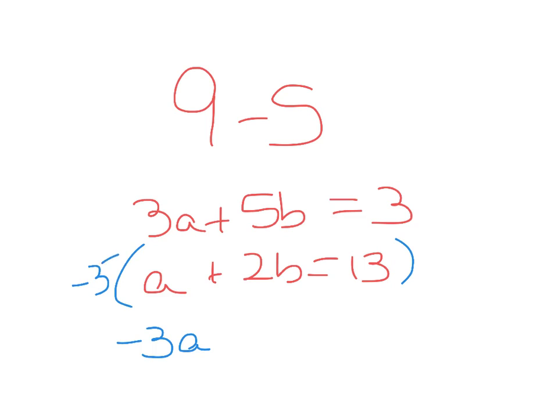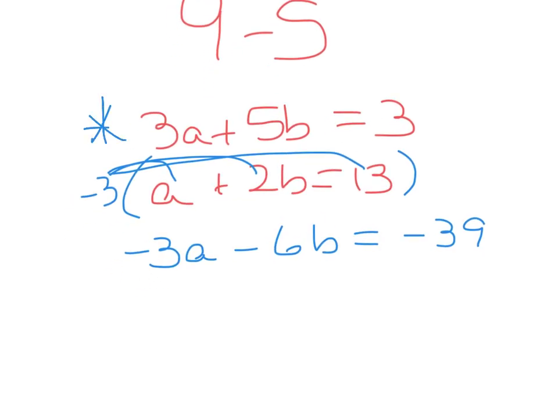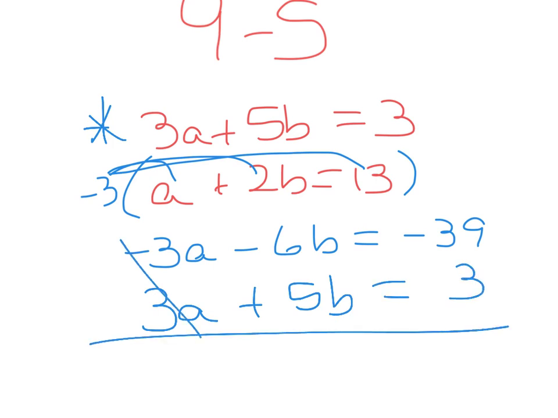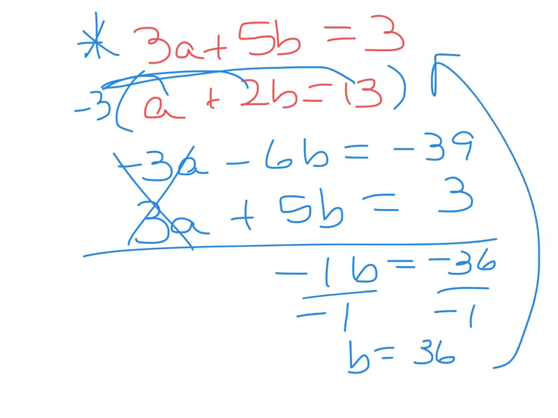Again, remember to multiply all 3 terms. So -6b and -39. Now I can take this one and add it to the one that I just modified. The a's cancel. I get -1b equals -36, and then I can divide and get b equals 36, and then plug it back in. Now, you may get a question where you're going to have to multiply both equations, so that it becomes an LCM, and then they would cancel.